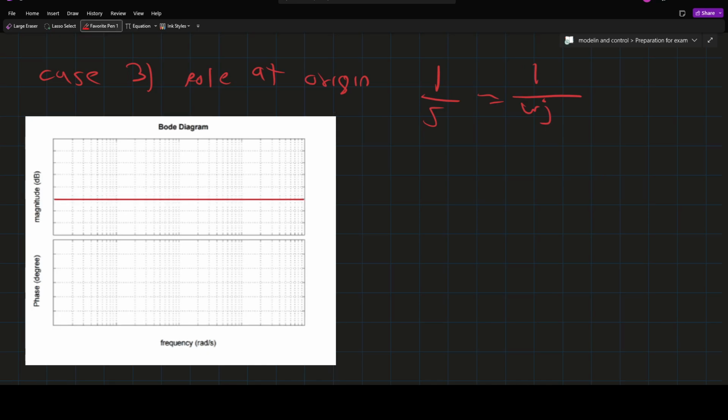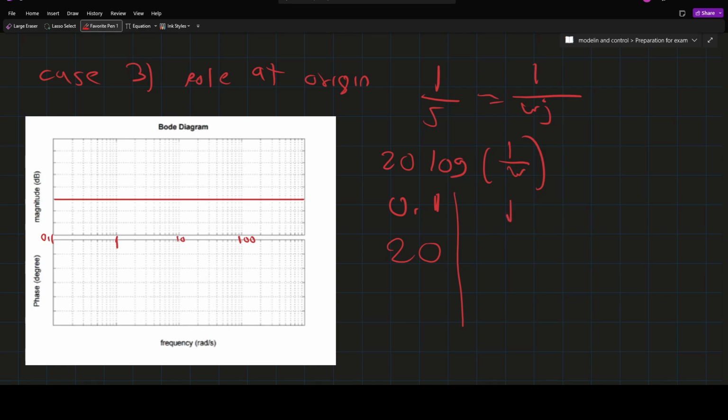We do the same experiment, and we know that the magnitude is 20 log 1 over omega. So when omega is really small, like 0.1, with 1, 10, 100 here, this is going to become 1 over 0.1, so 20 log 1 over 0.1 is 20.